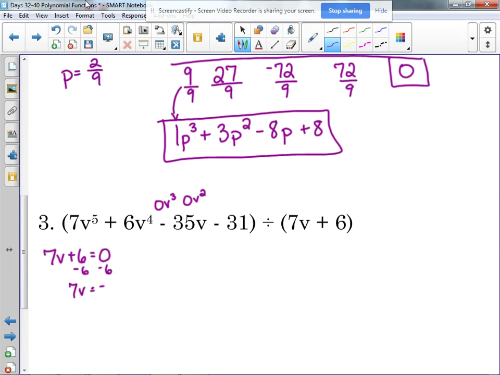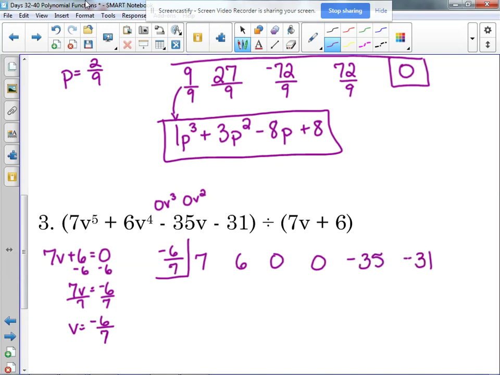Subtract 6 from both sides. Divide by 7. V equals negative 6 over 7. So negative 6 over 7 goes on the shelf. 7, 6, 0, 0, negative 35, negative 31. Promise you, if you don't have those zeros, it's going to mess up your answer.